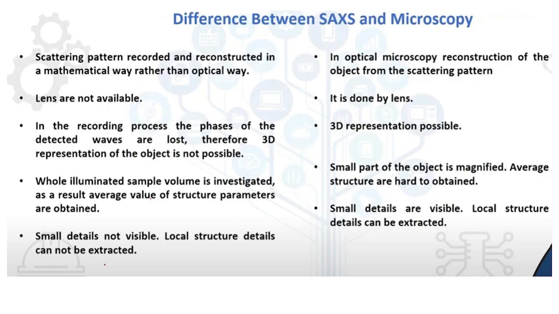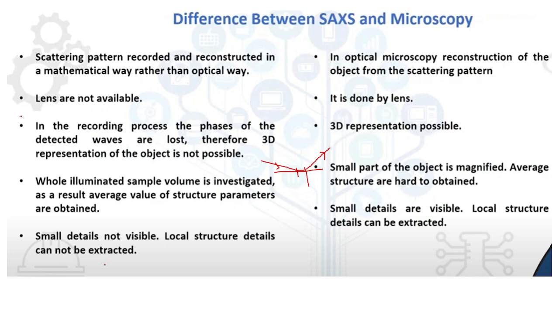Now why is it like that? Because, for example, this is the sample, this is the incident beam, and it will come this way. So this total area is what it is measuring. In the case of microscopy, which we will discuss maybe in the 10th or 11th week, we can focus on a very small zone, a pinpoint. That's why we get pinpoint data from electron microscopy, but here we get the average data of a small zone.